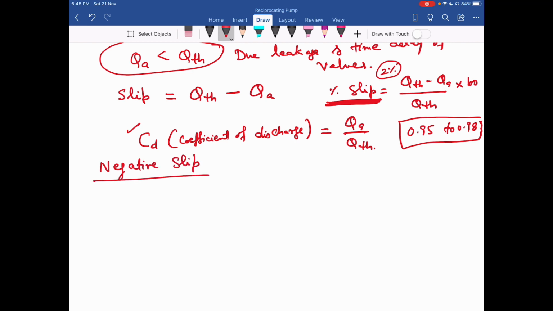When there is a negative slip, my QA is greater than QTH. So that means the actual discharge is more than the theoretical discharge.